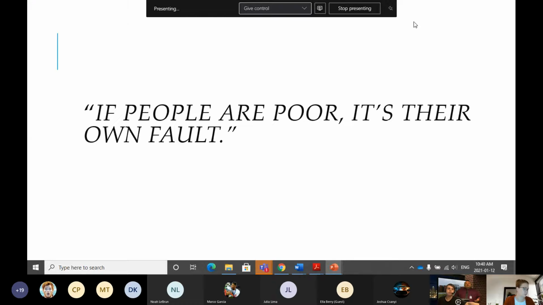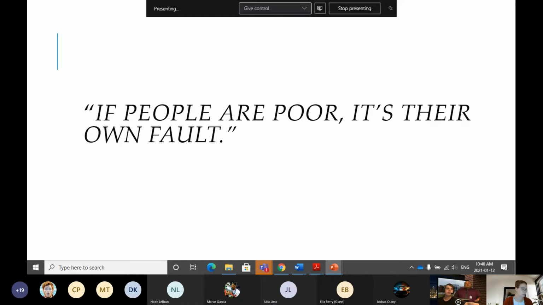Somewhat agree, depends on the person. Not always their fault. All right, there's lots of people in here, so let's hear your input. You can type it in. You don't actually have to say anything.